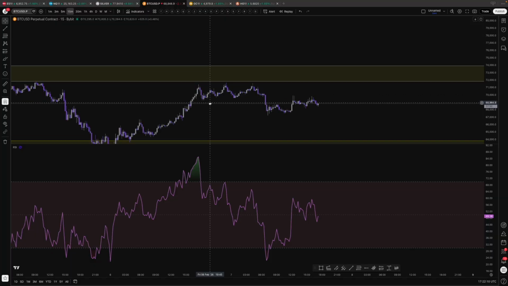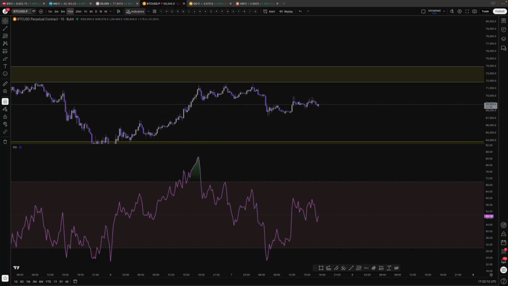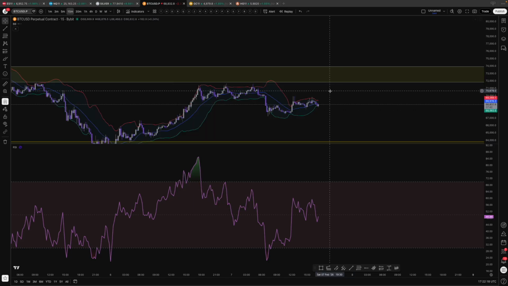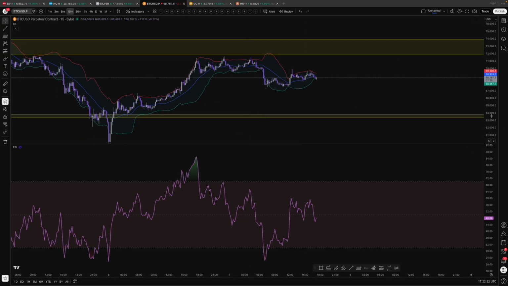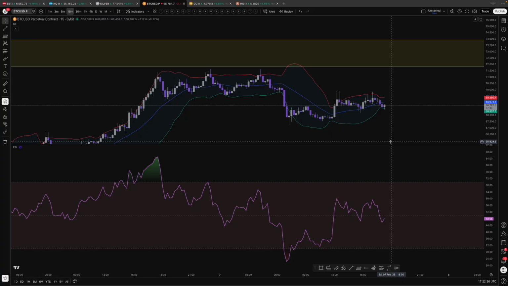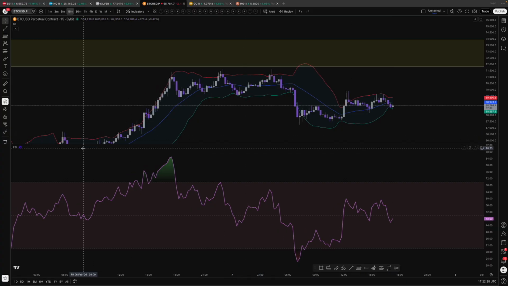Okay, so price is moving back up here. Let's throw up some Bollinger Bands real quick. And you don't have to use Bollinger Bands, but use something. You have to use something. Whatever speaks to you, whatever you like using.